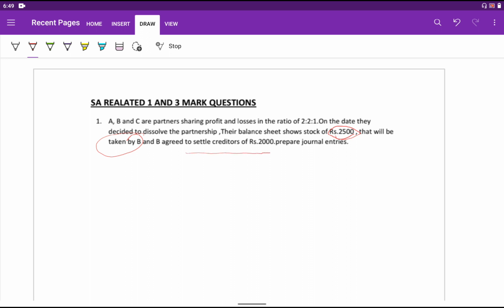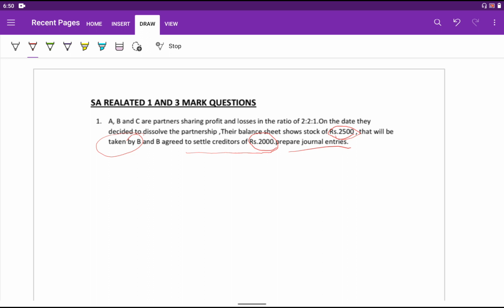Prepare journal entry. So we already did this. If you know the essay, then any kind of 1 word, 2 mark and 3 mark question will be very easy. So what is the question coming? A, B, C are partners sharing profit in the ratio of 2:1. They decided to dissolve the firm, and their balance sheet shows a stock of rupees 2500.